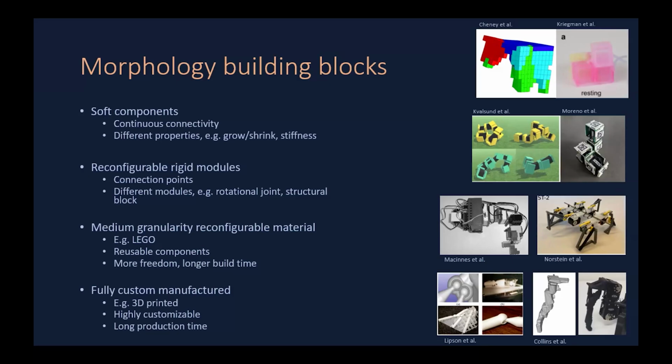And then you have the fully custom manufactured robots, where you have full control over the shapes evolved, and you can 3D print them and get exactly what you want. This may take the longest time to produce, but it also gives you more control.